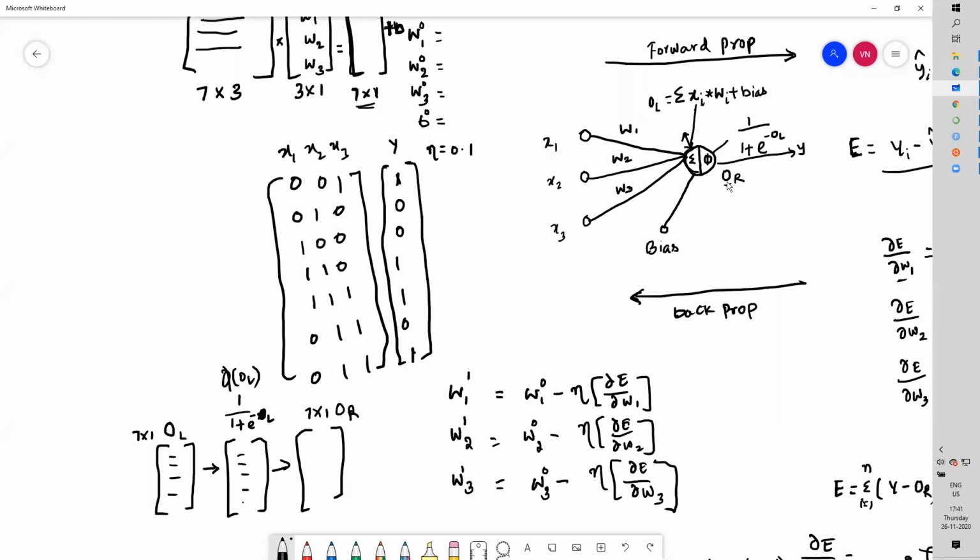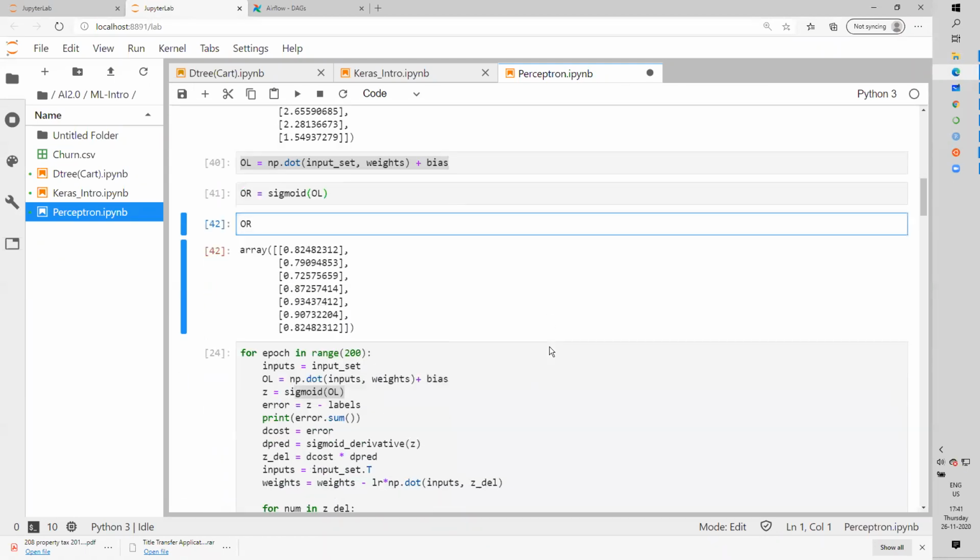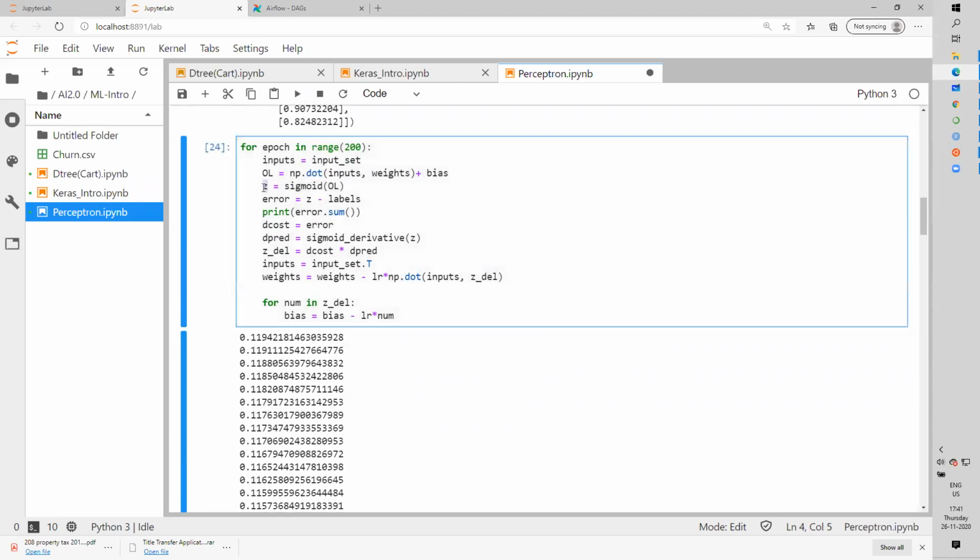The output on the right hand side is nothing but our output for the first iteration. We are calling this OR, so that when you read this code, you understand what OR is.